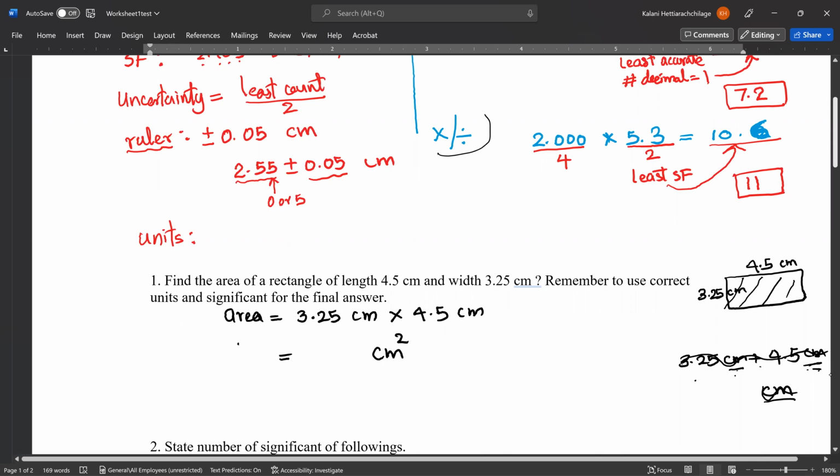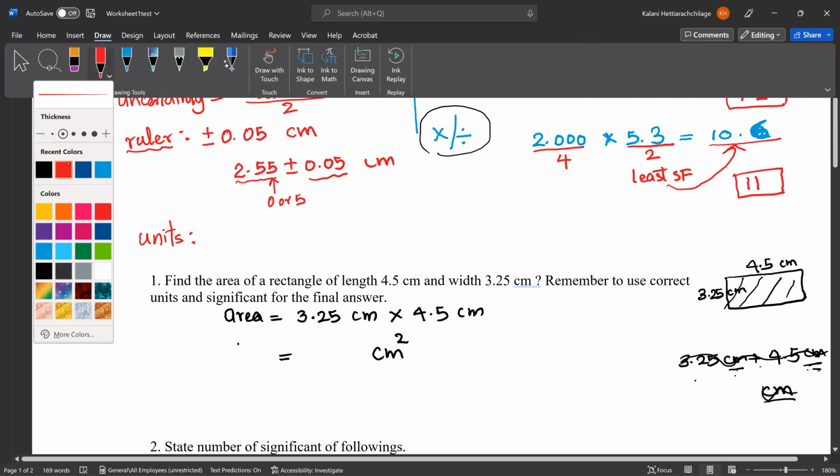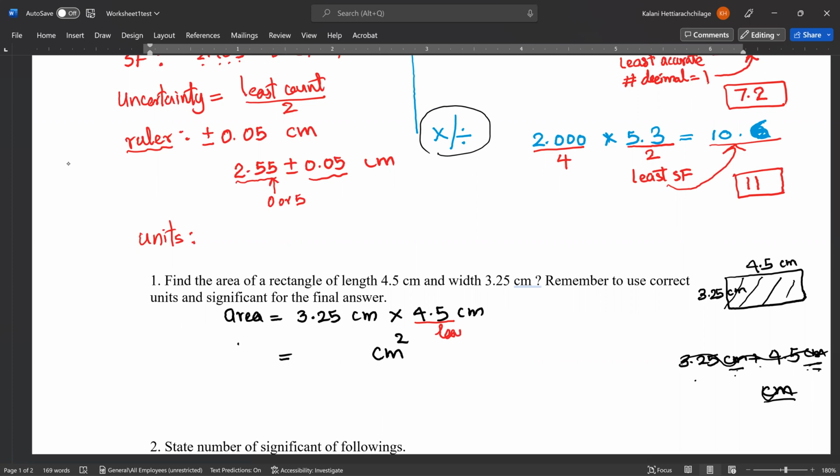You are doing multiplication and division rule. You need to check the sig figs. So now sig figs, I have least sig figs number is this one. This is what the least. Always label it, then you know what you are doing. Least sig figs. How many sig figs do I have? 2. Right? That means your final answer you are getting, you need to write to the 2 sig figs.